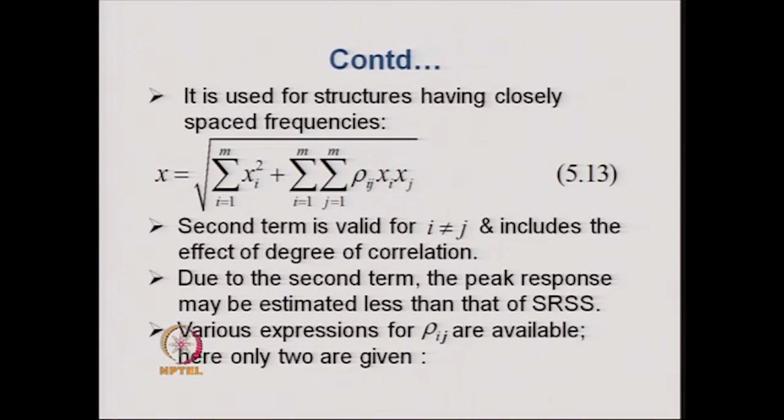The complete quadratic combination rule is given in equation 5.13, and we can see that it consists of two parts.